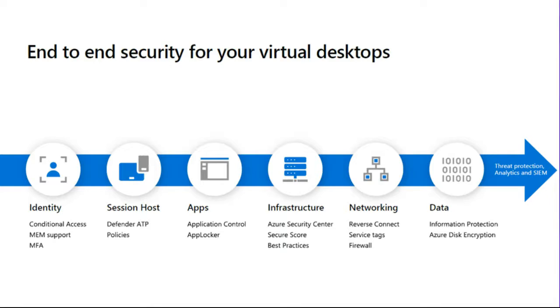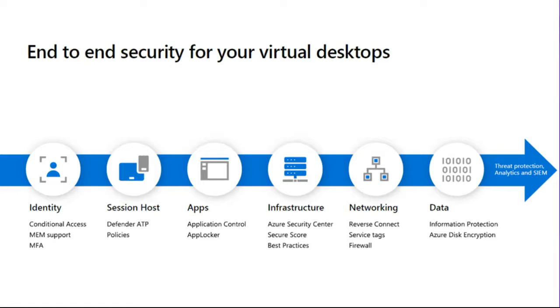With AppLocker and application control, you have the ability to control all the apps that are running in the virtual machines. So you have confidence over what code is going to run in the virtual machine and what things they have access to as well.